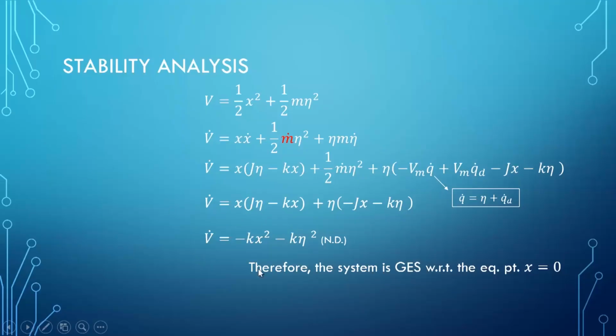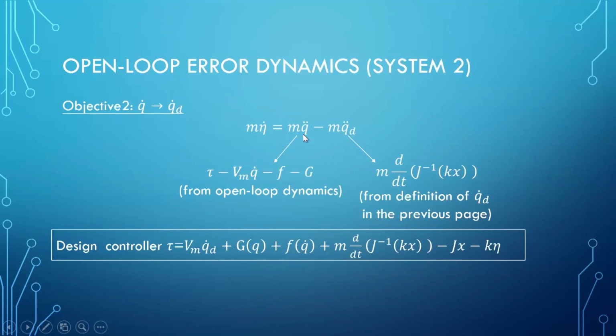So I will start from here next time, to see how you design this torque, which looks very scary, but in fact it's fine. You need to remember that every term here is known. VM is known, QD is known, GF is known, and all these have to be known.